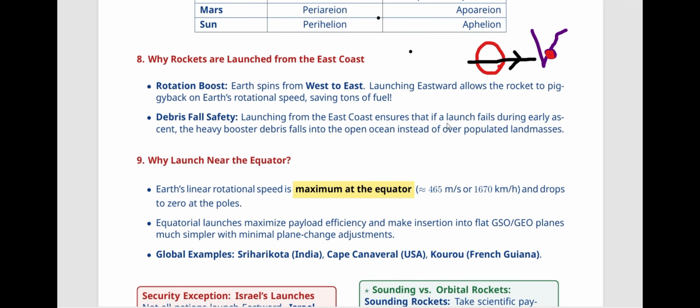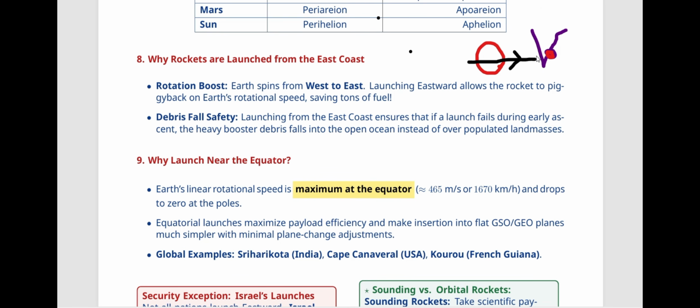The second thing is very important, guys. If we launch the vehicle from the east and the mission fails to enter the orbit, the debris has to fall somewhere, so it will fall in the ocean, not on the landmass.